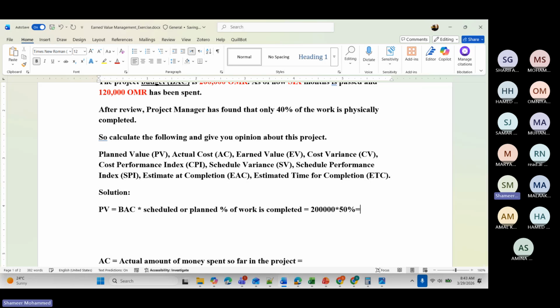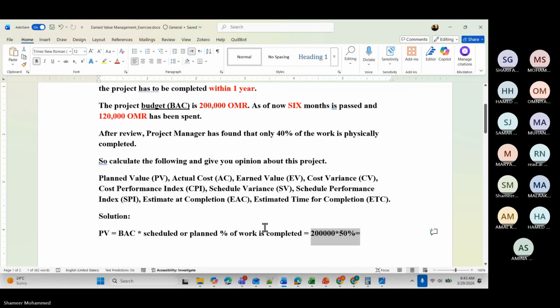Now calculate and tell me what the value is here. Please tell me the answer.